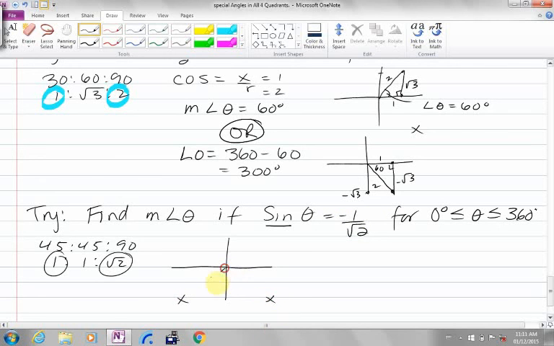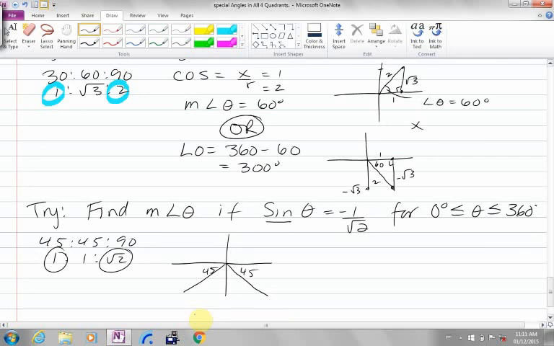We have one angle here that has a reference angle of 45, and another angle over here that has a reference angle of 45. From there, it's easy to find the angles. If you know what the reference angles are, and you know what quadrants you're in, there's not much work left. So angle theta will be 180 plus 45, so 225 degrees. And angle theta will be 360 minus 45, or 315 degrees.